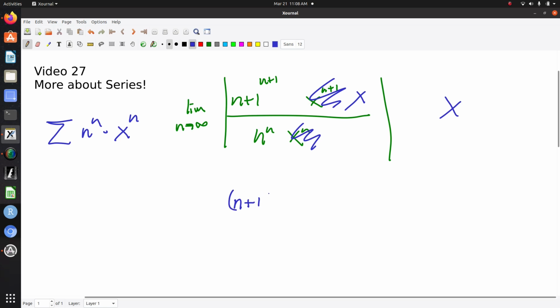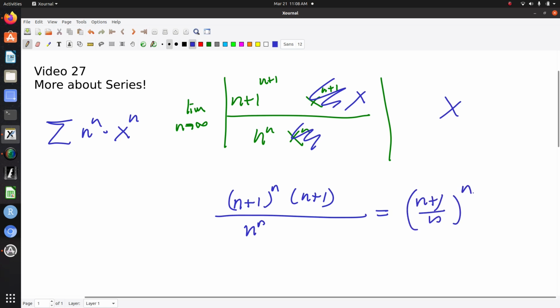We can put n plus 1 to the n and leave one n plus 1 outside, over n to the n. So this becomes ((n plus 1) over n) to the n, and then an n plus 1 outside.